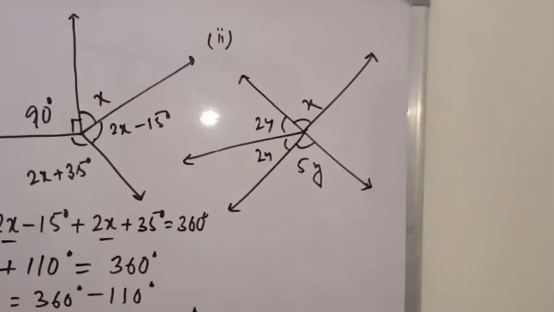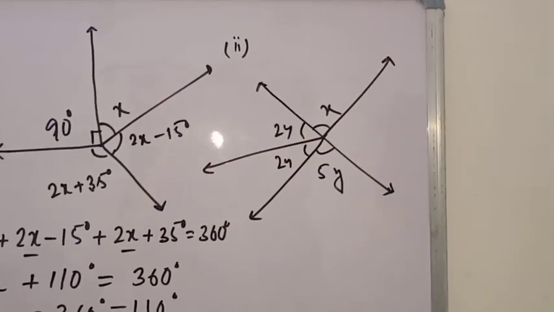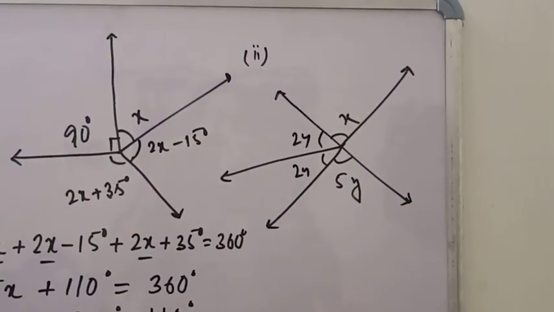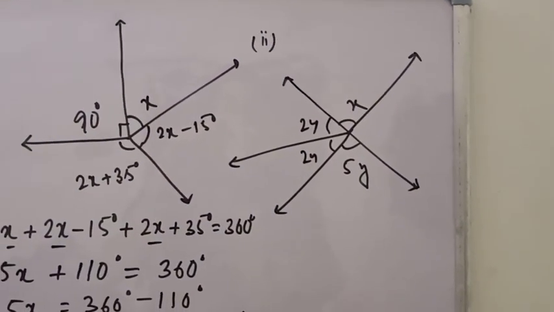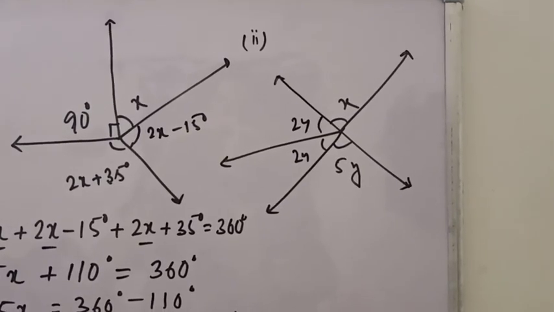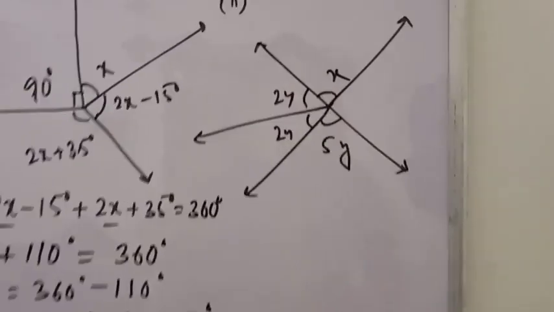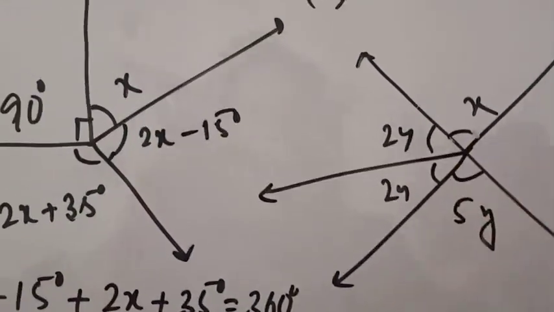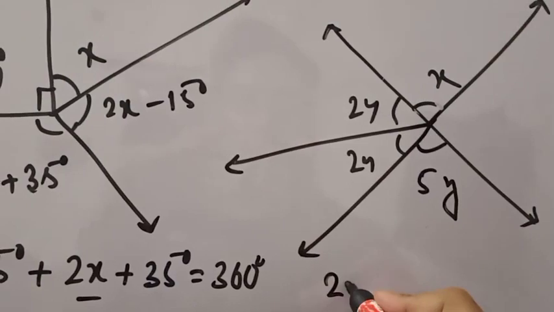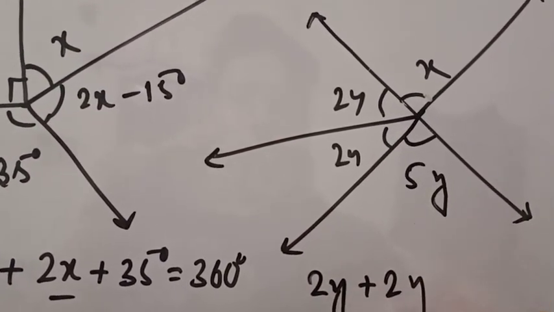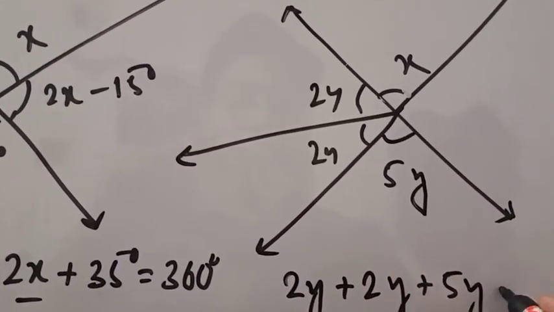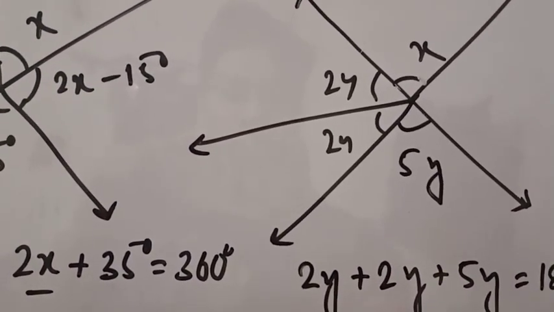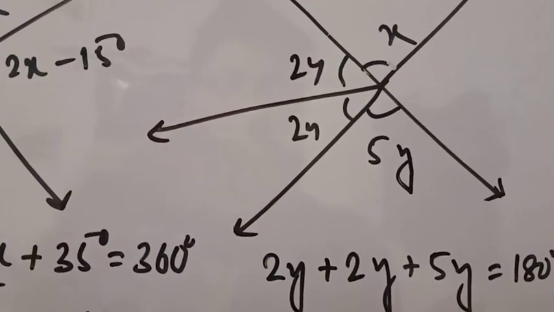And the next one, in the given problem, you have to find the x and y. So this is a linear pair, a straight line. So you can add it. So 2y plus 2y plus 5y equals 180 degree. That means 9y equals 180 degree.